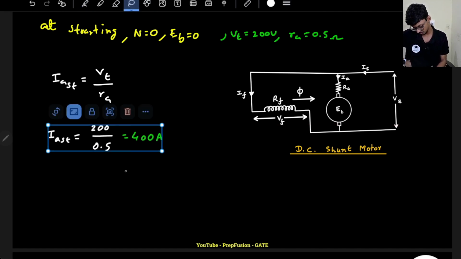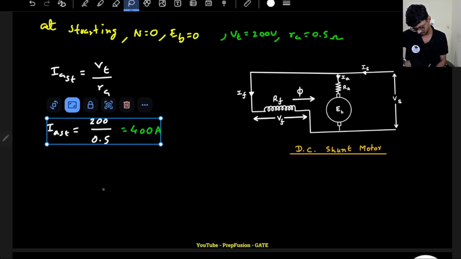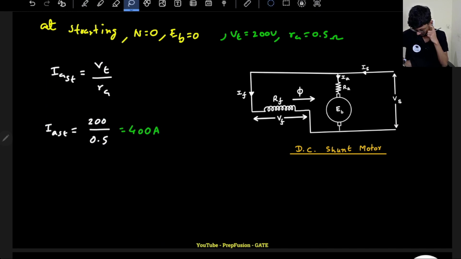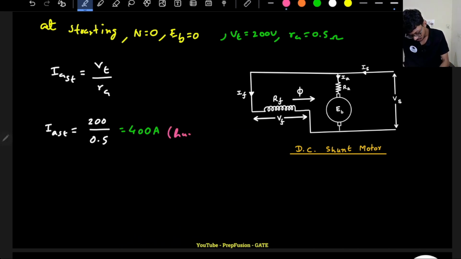Which is huge. So how can I limit it? The easiest way to limit it is just adding a series resistance.